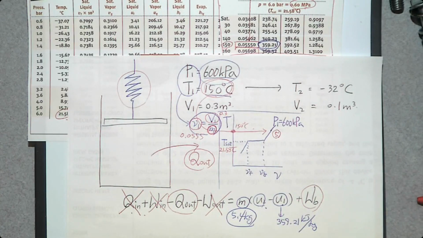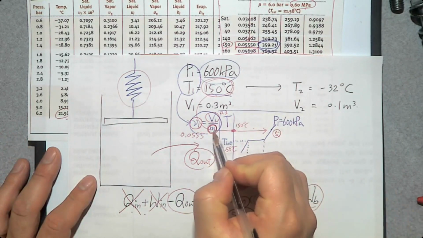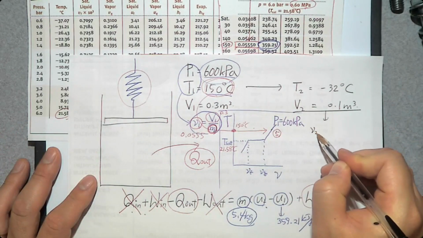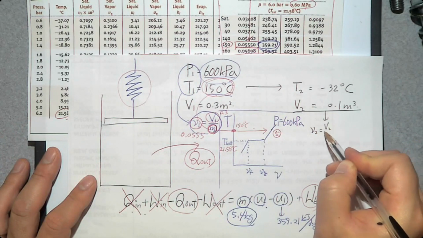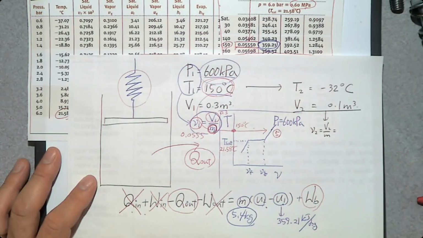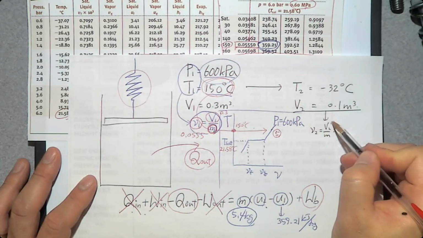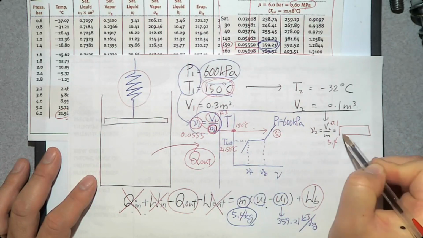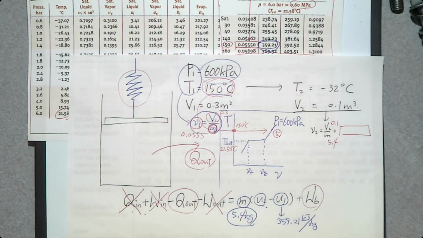What about U2? We know the mass. So if you know the mass, you can determine specific volume, v2, which is actual volume divided by mass. Then what is the actual volume? 0.1. What is the mass? 5.4. So can you determine the specific volume at the final state? Yes, you can.